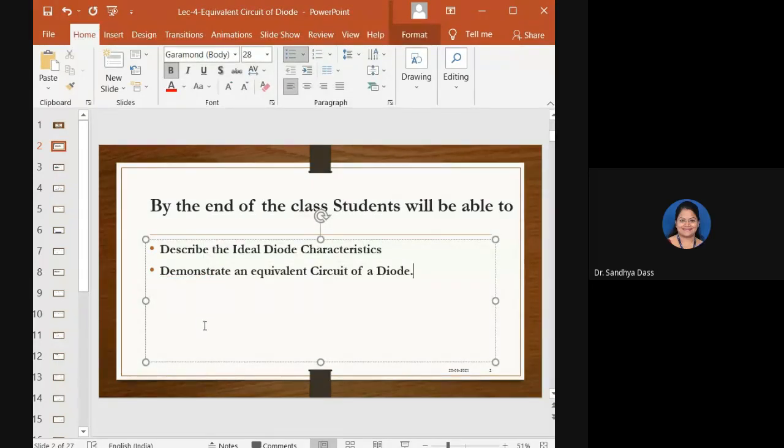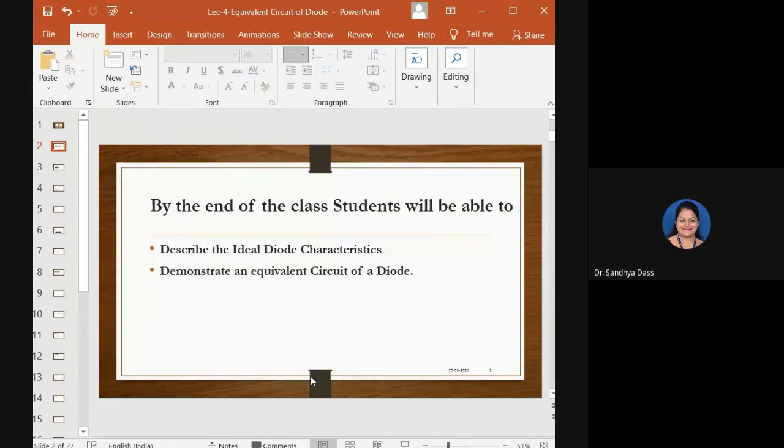By the end of this class, you will be able to describe the ideal diode characteristics and also demonstrate the equivalent circuit of a diode.